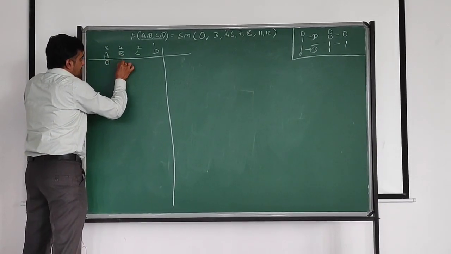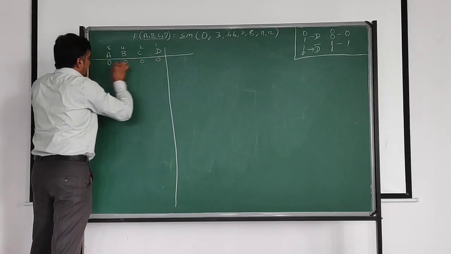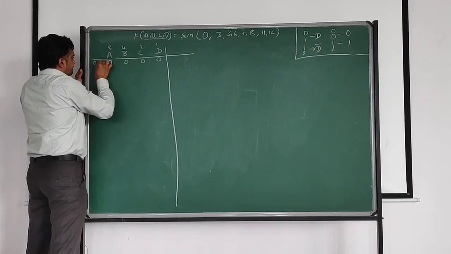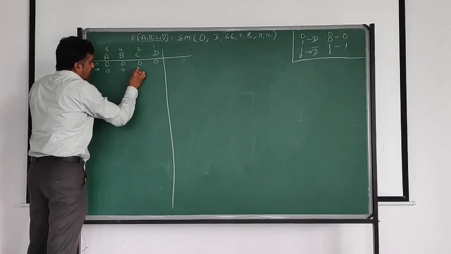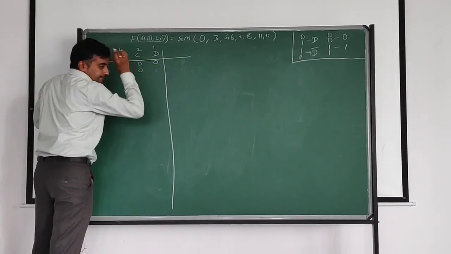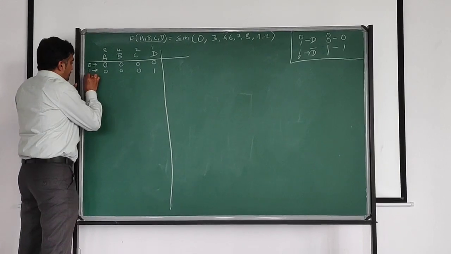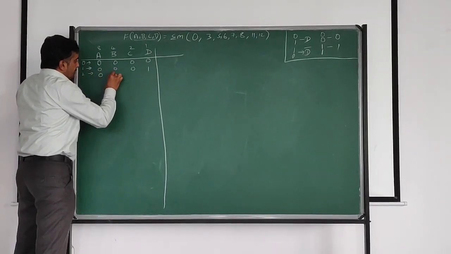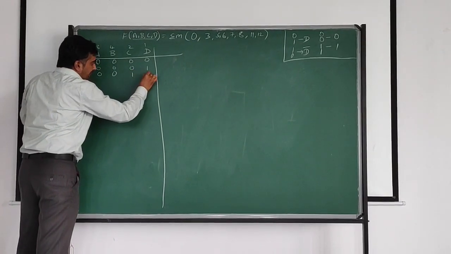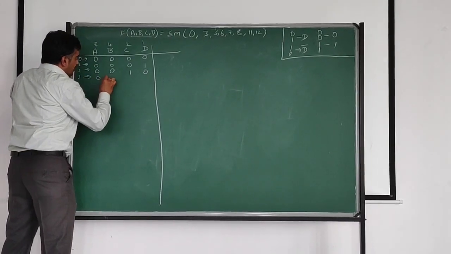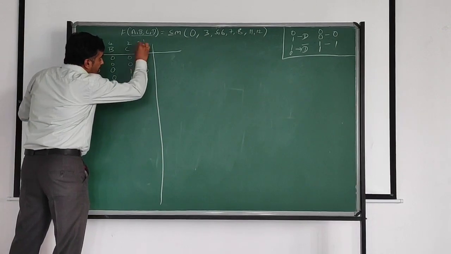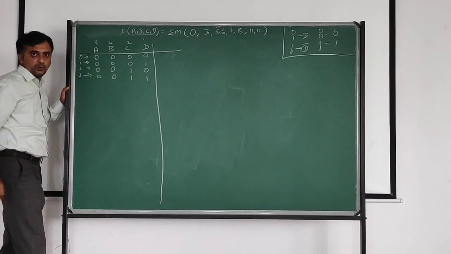First, initially 0, 0, 0, 0. Clear? For this one, 0. Next, for 1: 0, 0, 0, 1 indicates 1. Next, for 2: 2 indicates 1 and the remaining will be 0. Next, 3: 2 plus 1, 0, 0, 1, 1.